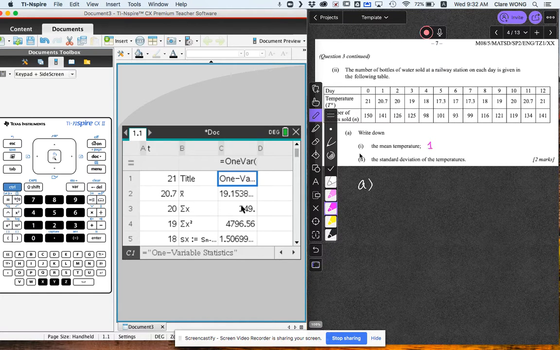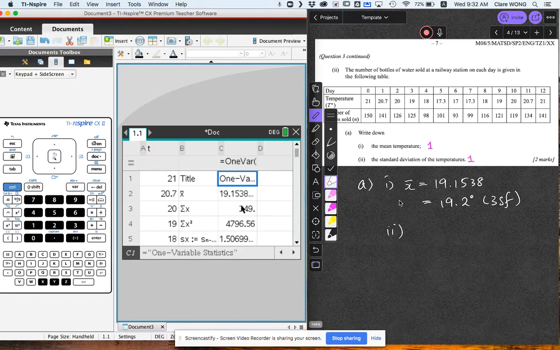As you can see, 1 mark, 1 mark. So if I have to write down the mean, then it will be equal to 19.1538. So 19.2, 3 significant figures. And it should be in degrees as well.